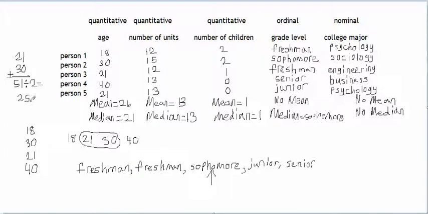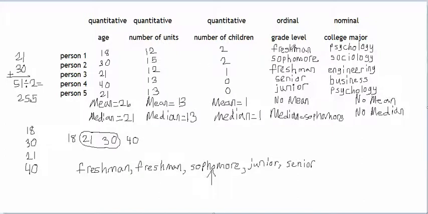The median of these 4 numbers down here is 25.5. If you have a set of quantitative data, you can find the median with an even number of numbers or with an odd number of numbers. If you have an odd number of numbers, you just take the middle value. And if you have an even number of numbers, you find the mean of the 2 middle values.